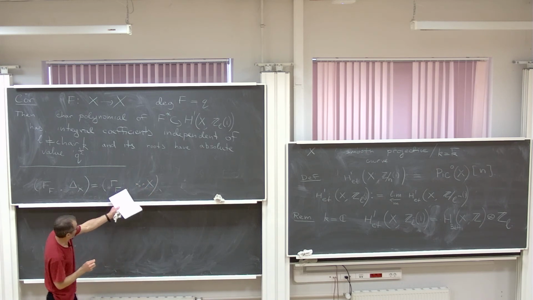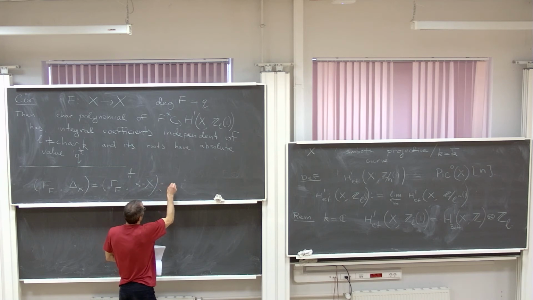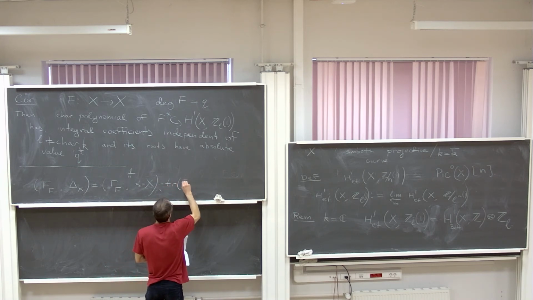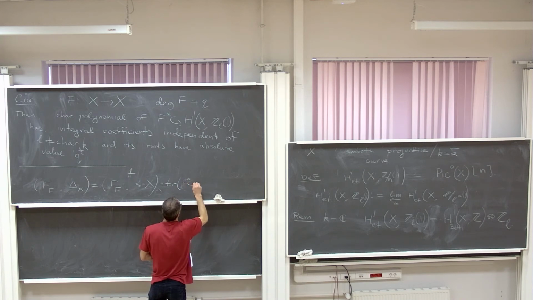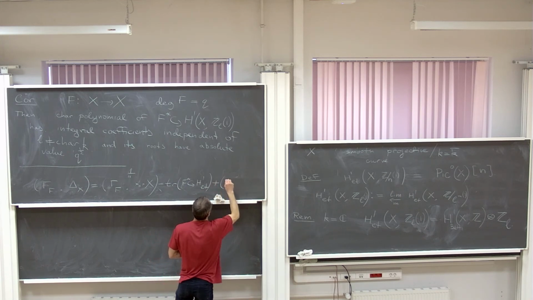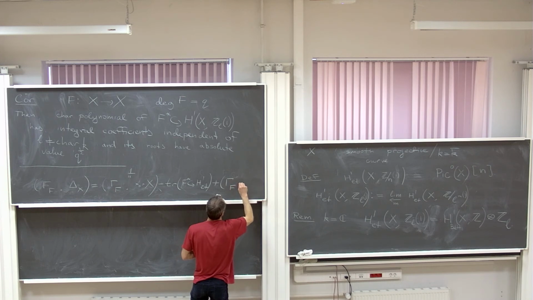And because this is a graph, this number is equal to 1 minus the trace of f on H^1 étale plus gamma f intersected with the vertical line.